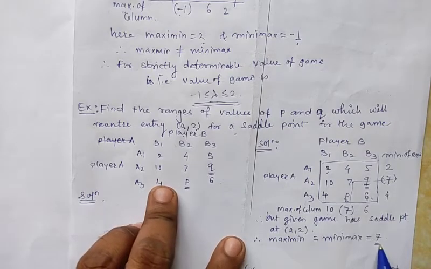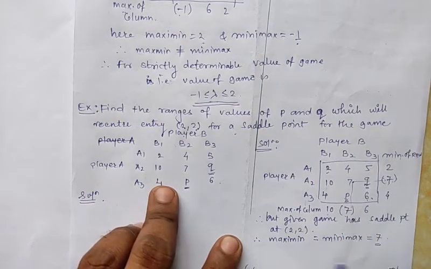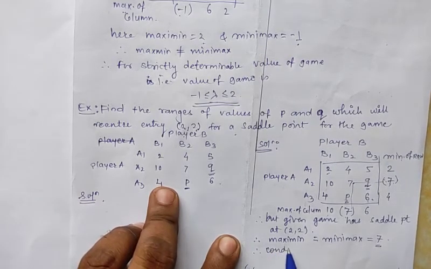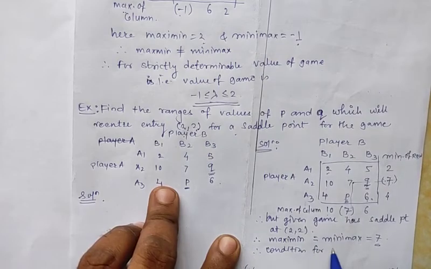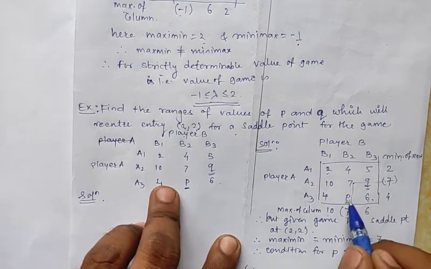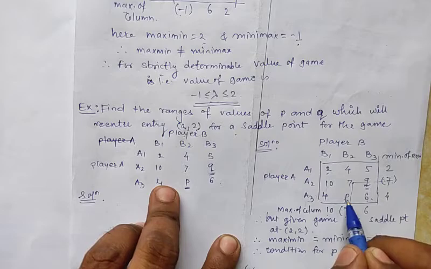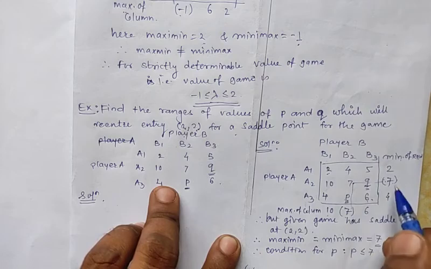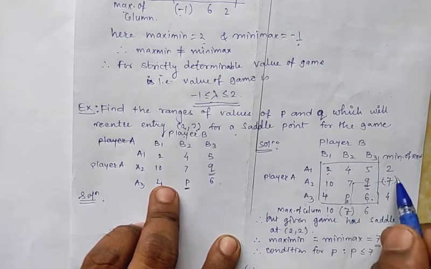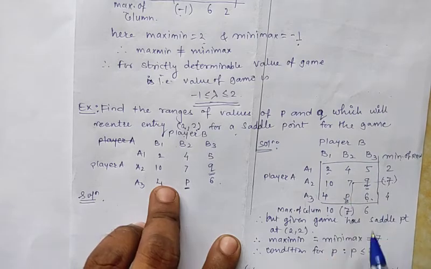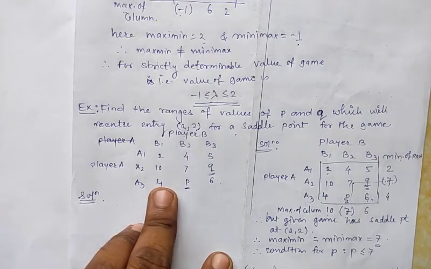In that case, we will find out values of P and Q. Condition for P is always P less than equal to 7, because we find out maximum. If we take P greater than 7, then if I put 8, then here maximum will be 8. But in this case minmax value and maxmin value will not be 7. So we'll take P less than equal to 7.